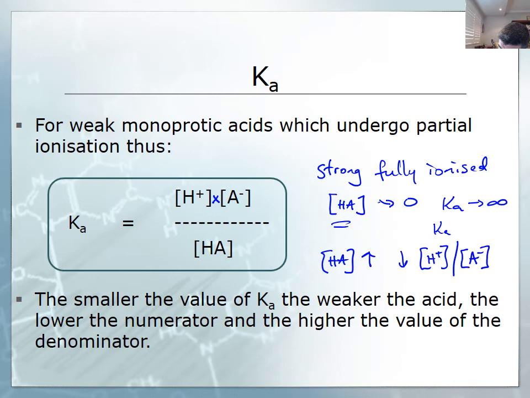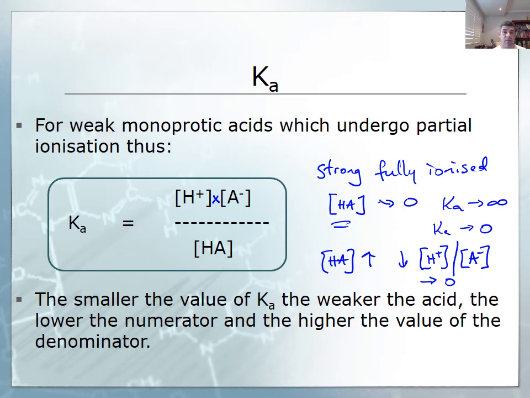So it will approach 0 in this case. If the HA were not to ionize at all, that means if the concentration of these two were approaching zero, then we would just have a Ka which equals zero, and that means that we have no equilibrium at all. There's no reaction, nothing's happening.